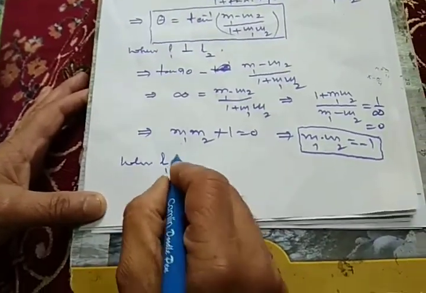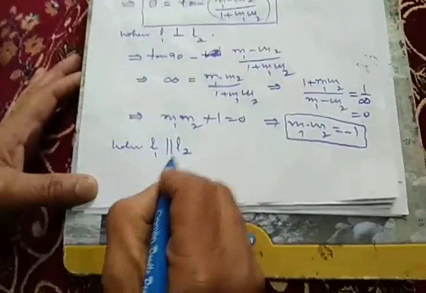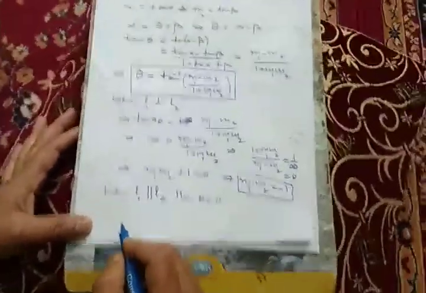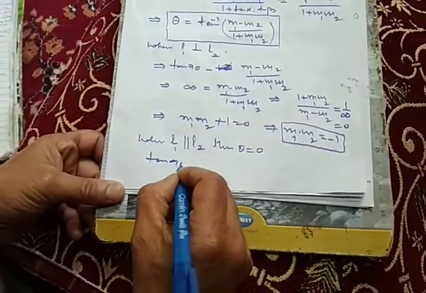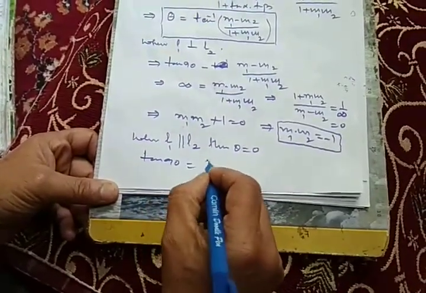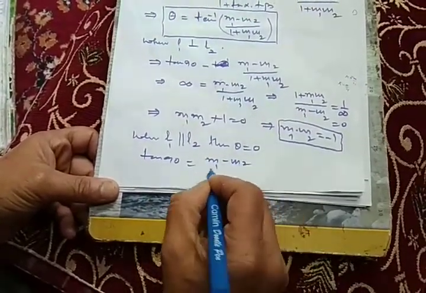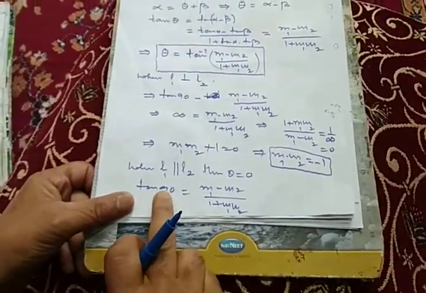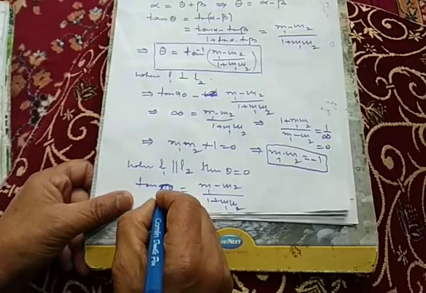Now when L1 is parallel to L2, obviously theta is equal to 0 degrees. So in that case, tangent of 0 degrees equals M1 minus M2 divided by 1 plus M1 M2. Tangent of 0 degrees is 0.